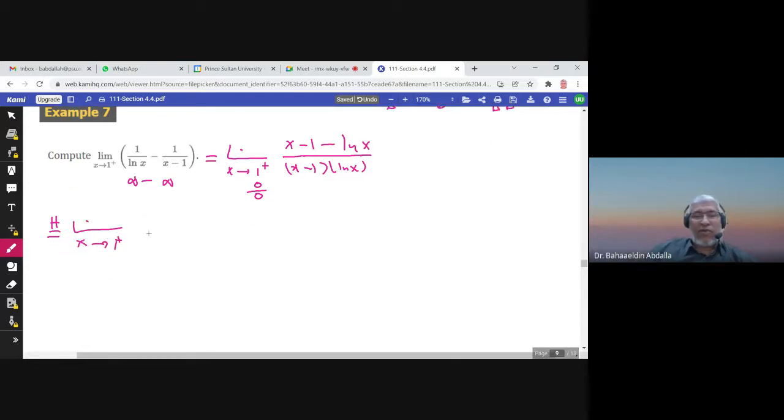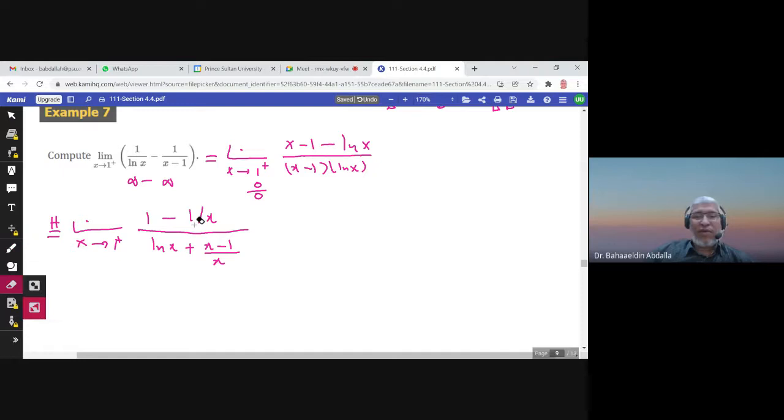So I need to find the derivative of the numerator. Derivative of x is 1, derivative of 1 is 0, derivative of ln x is 1 over x. Here I have a product. The derivative of x minus 1 is 1 times ln x, plus x minus 1 times the derivative of ln x, which is 1 over x. So I can write it like this.